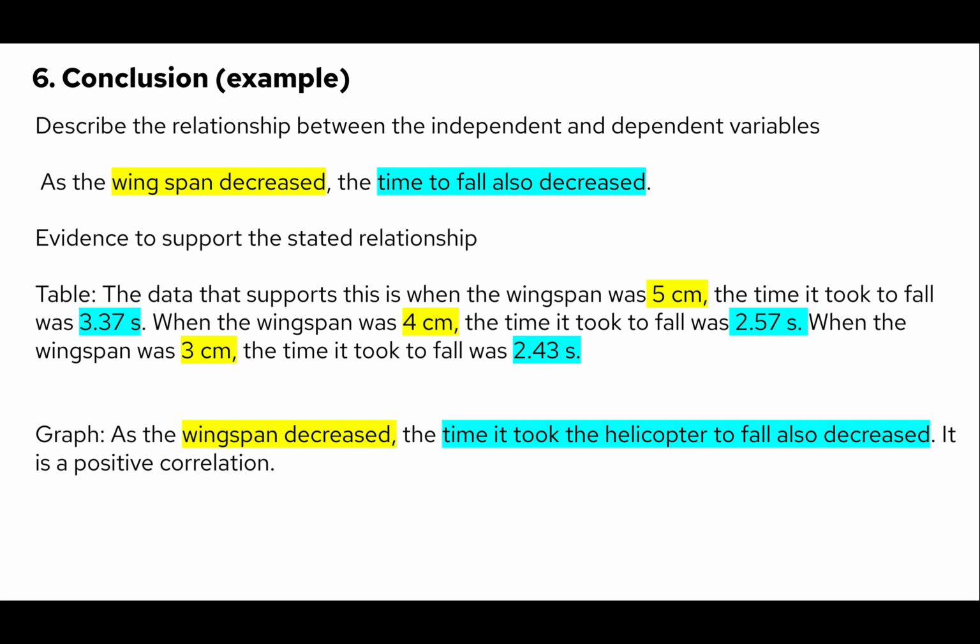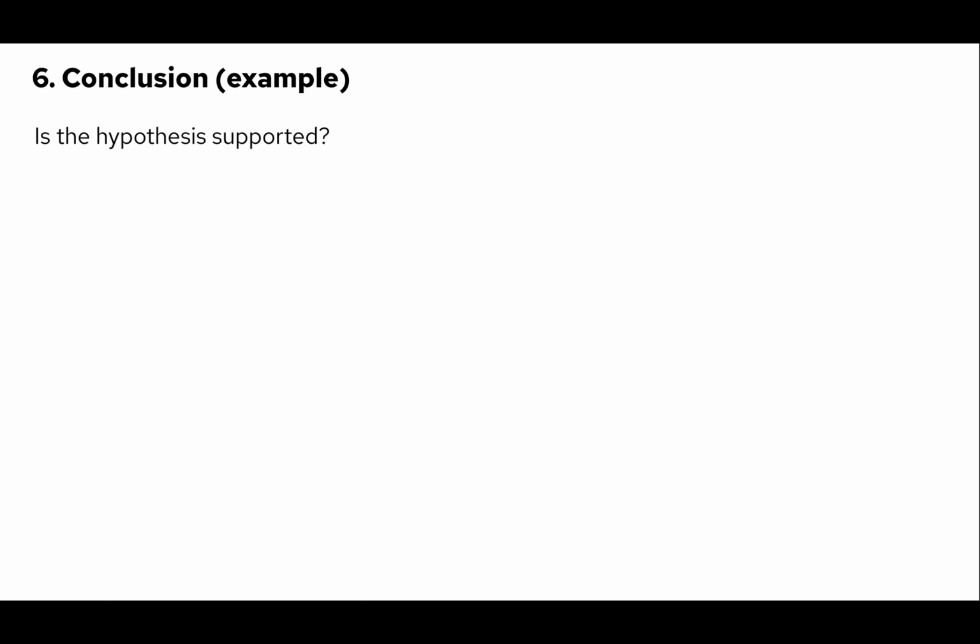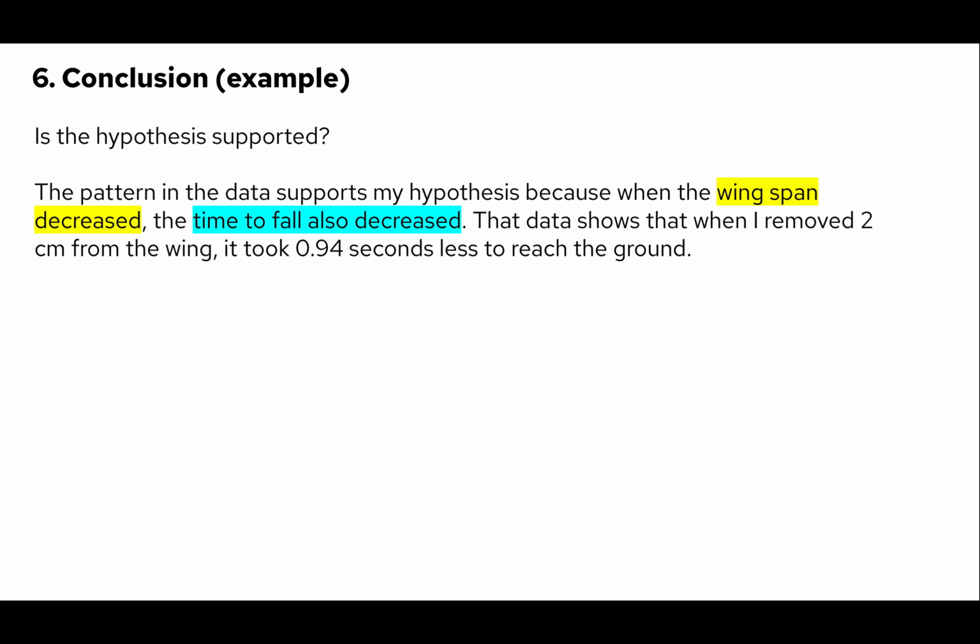That was a positive correlation. So that's how I saw it in my graph. Is the hypothesis supported? The pattern in my data supports my hypothesis because when the wingspan decreased, the time to fall also decreased. The data shows that when I removed 2 centimeters from the wing, it took 0.94 seconds less to reach the ground.